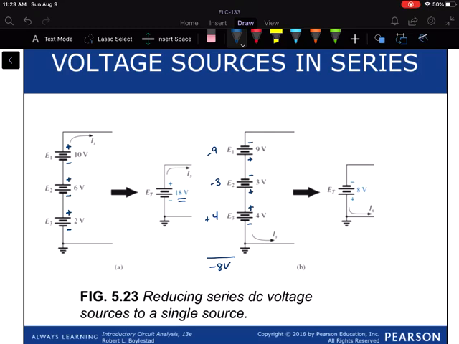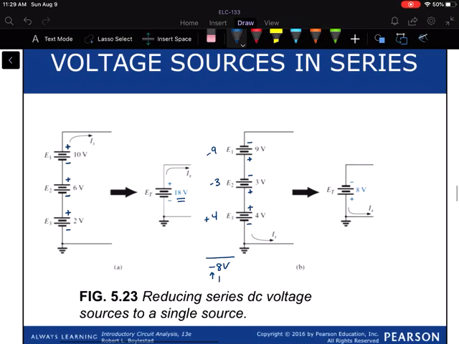Now, when we're talking about voltage, the plus and the minus really only tells us about the direction. So what we're saying is the overall voltage is going to be the same shape as this voltage source. So when it was drawn over here, they drew it with the positive terminal down and the negative terminal up and called it 8 volts. So that's not a negative 8 volts, we're just saying that's the direction that we set in the beginning.